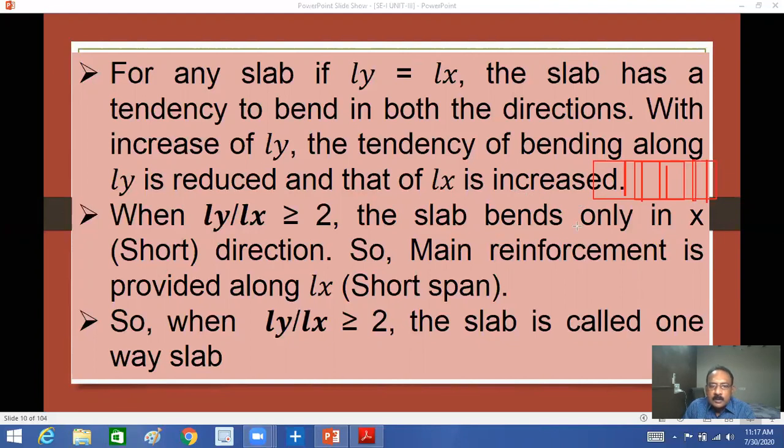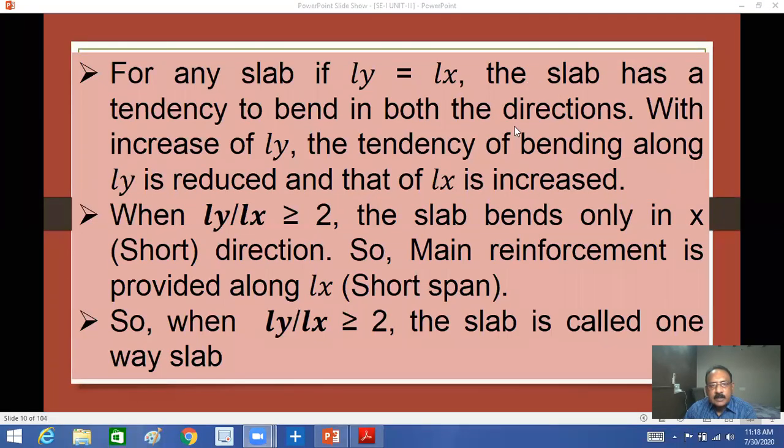So this is regarding the one-way slab. As I explained many times, what is a one-way slab? When Ly by Lx is greater than or equal to 2, the slab is a one-way slab, right?